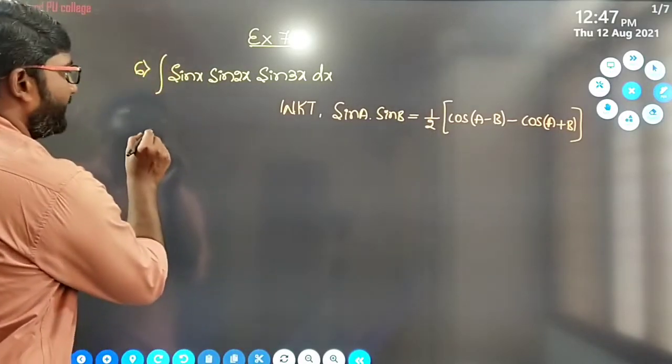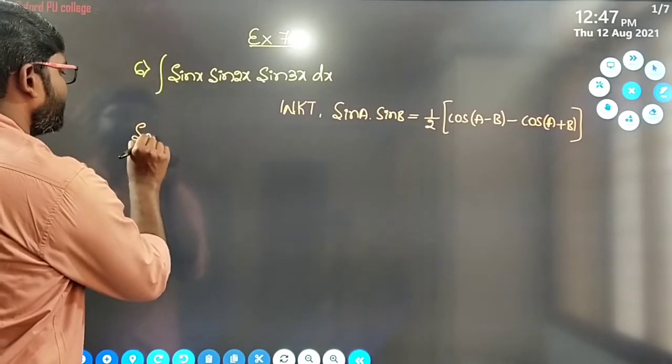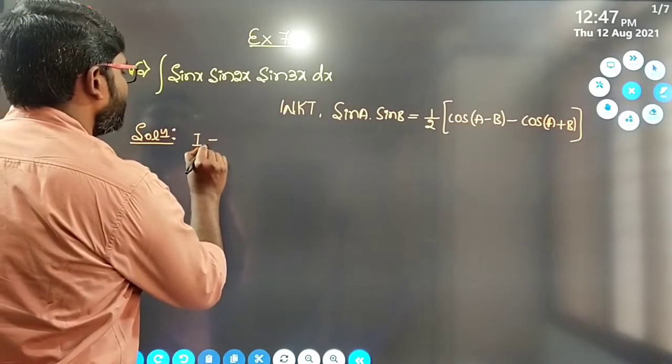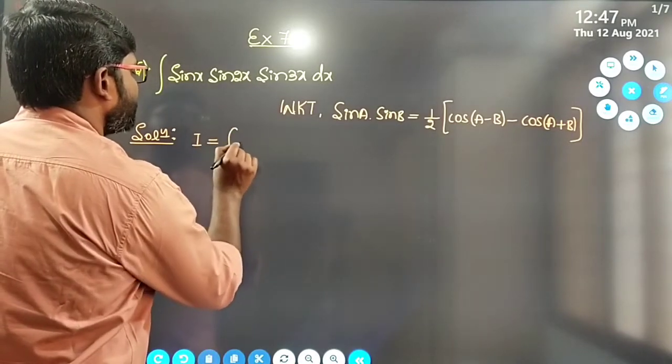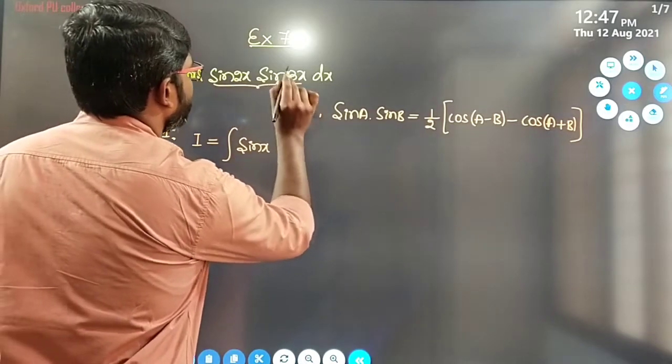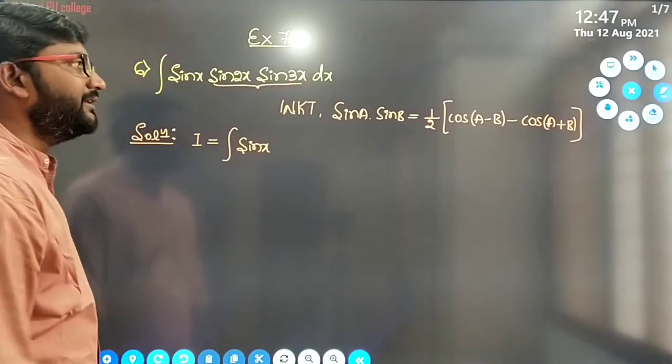So here I is equal to integral sin x, I will be writing it as it is. Then for these two terms I will be applying the sin A sin B formula.